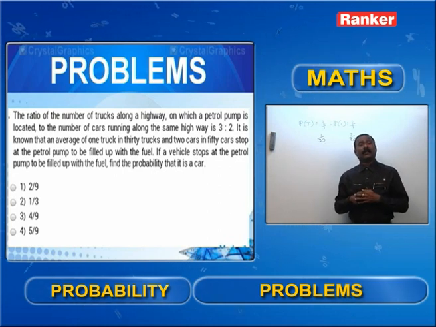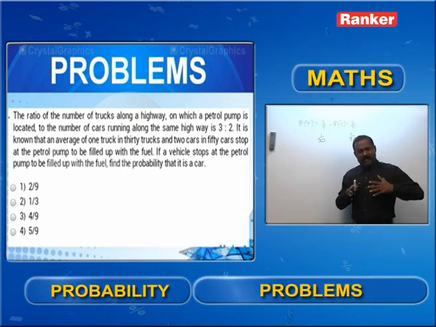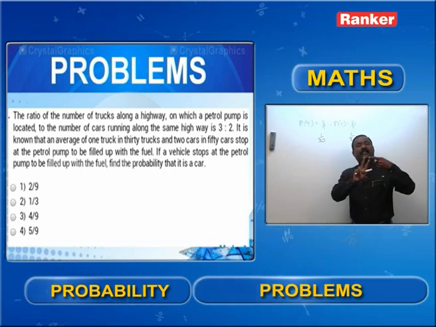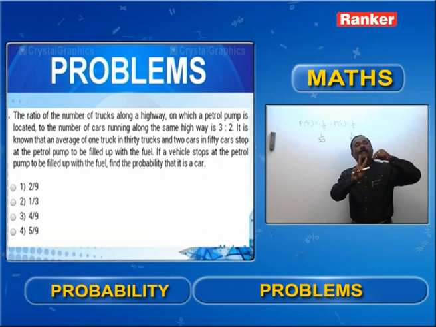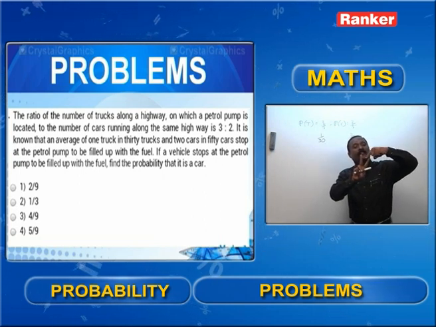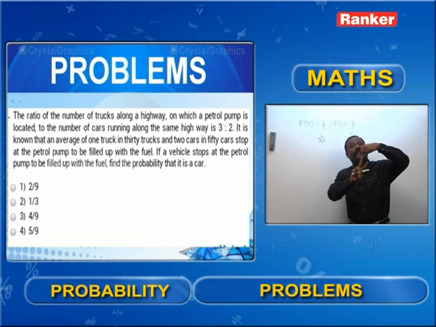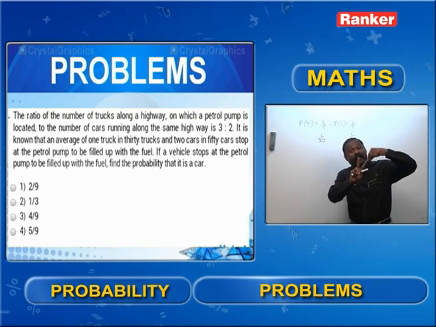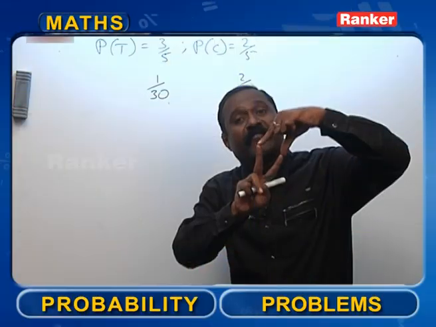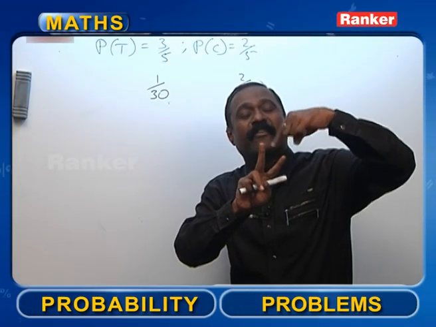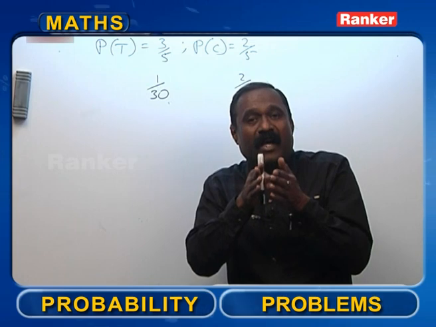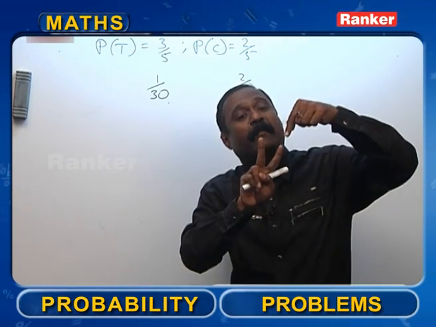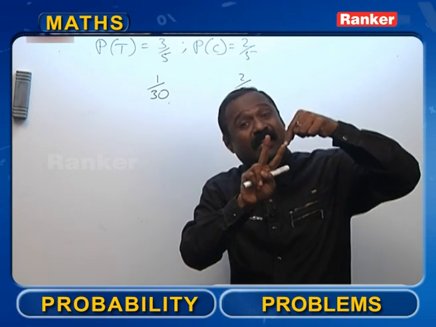So whenever at a petrol pump, 2 types of vehicles are entering. One is a truck, another one is a car. So filling up of petrol happens in 2 ways. One is filling up the truck, and another one is filling up the car. So 2 events are there: the filling up of petrol is happening with 2 different vehicles. That means the filling up of petrol is happening with a truck or a car.